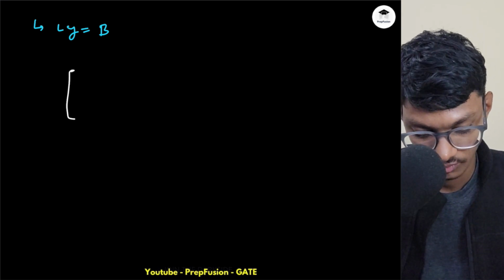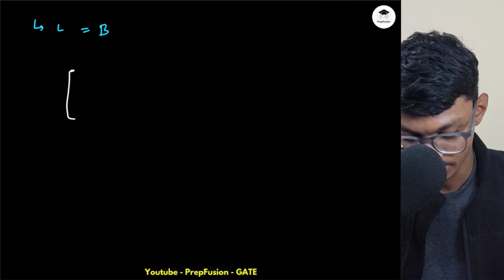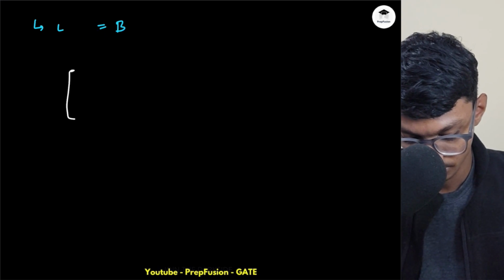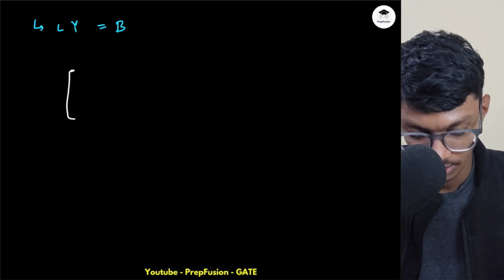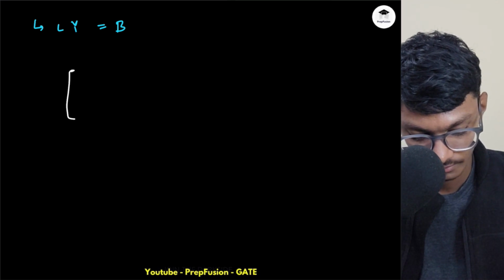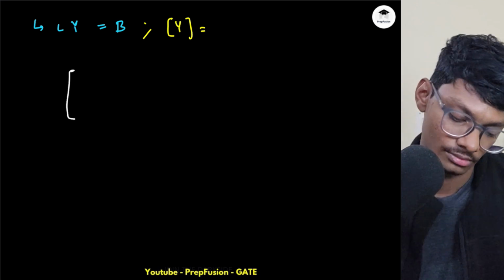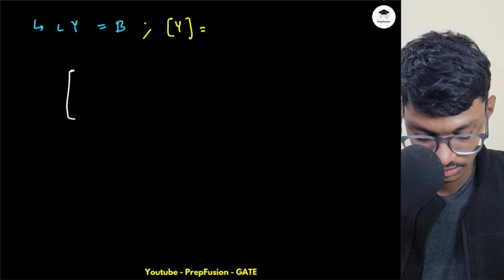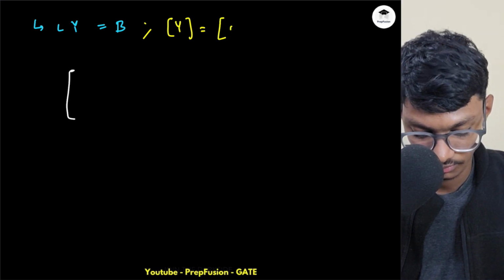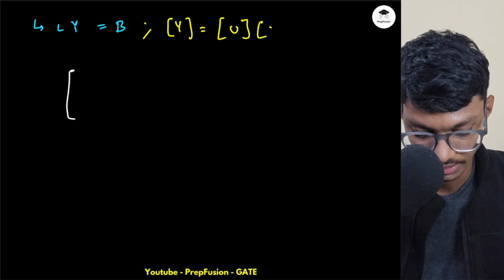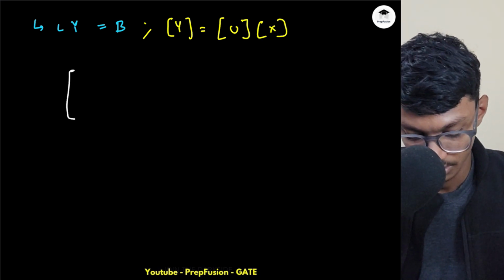Basically what is y? I should write y in capital actually. So y is actually U times x, right? Which we'll find out later. So basically what is L?